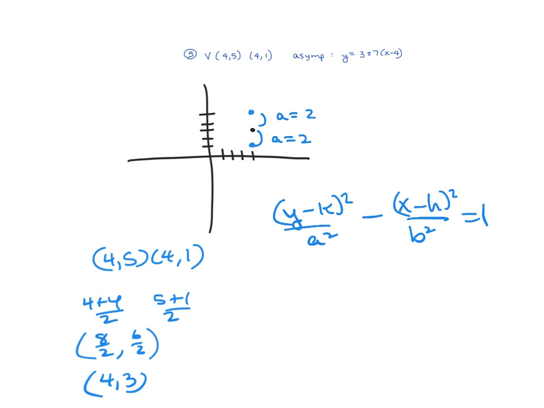For our asymptote, when the y is the first letter, this is the equation for the asymptote. And again, remember, this is k, this is h. Now, notice my asymptote is not in point slope form. They've actually moved this y1 to the other side.